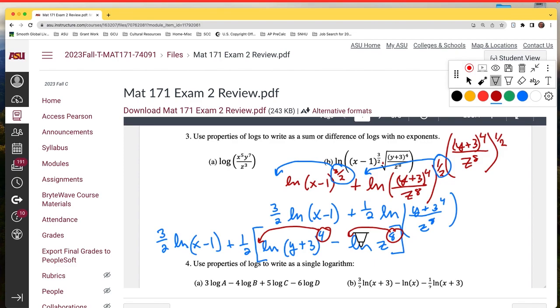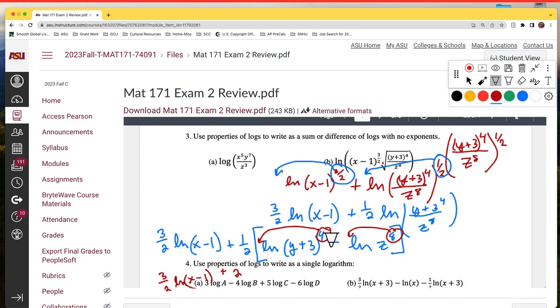If you wanted to, you could distribute the 1/2 power. I'm going to bring this 4 in front, but I'm also going to distribute this 1/2. So what's 4 divided by 2? 2.